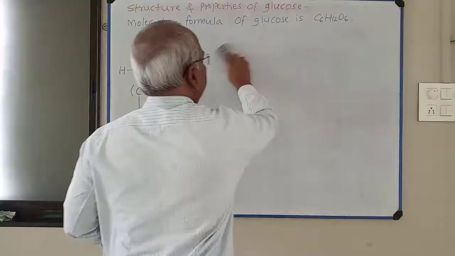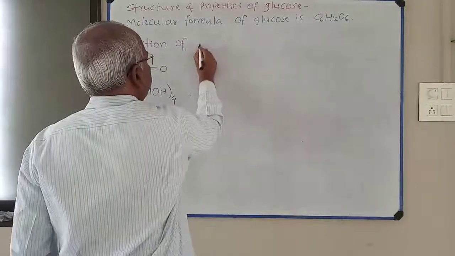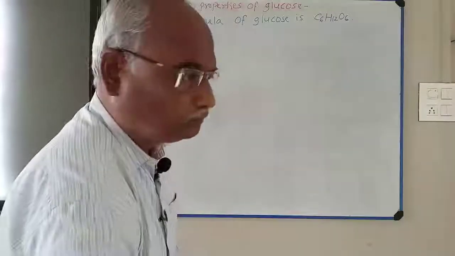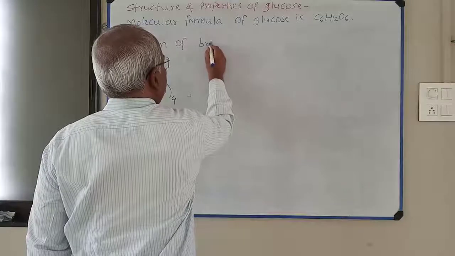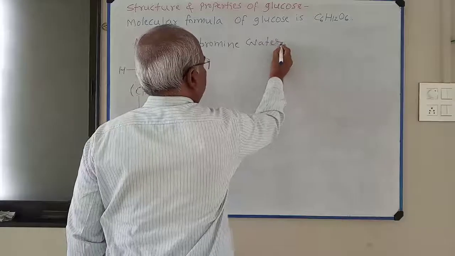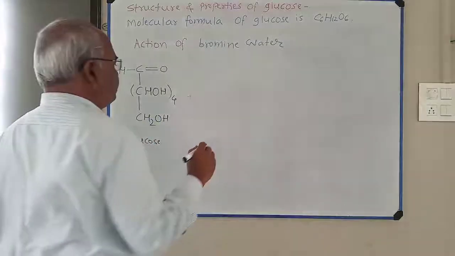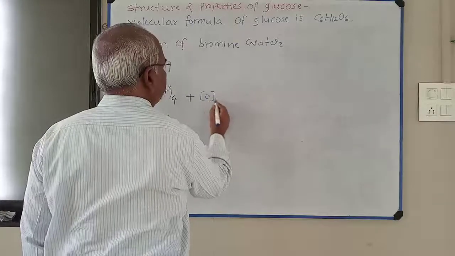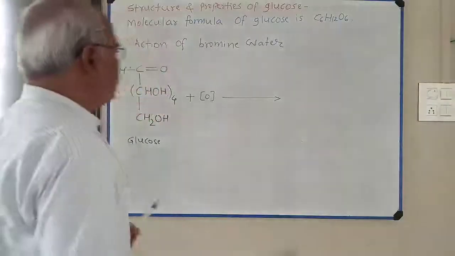Action of bromine water, Br2 water. You know that bromine water is mild oxidizing agent, therefore it gives nascent oxygen, and oxidation of CHO group takes place.